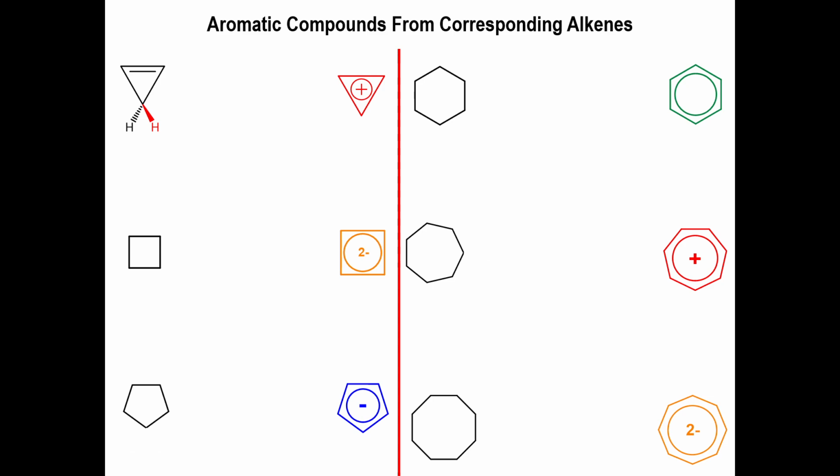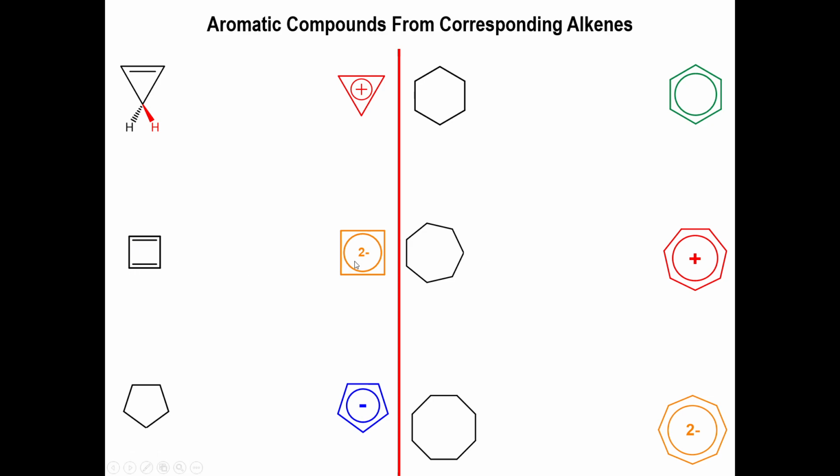So what you have to do is remove one of those hydride bonds for two reasons. One, to make this cationic, but also to end up creating polyconjugation throughout the entire ring.